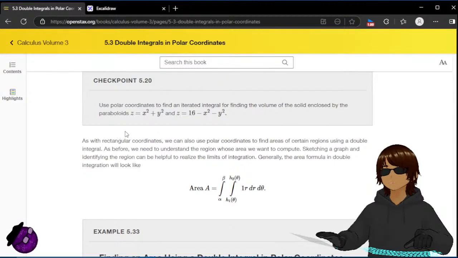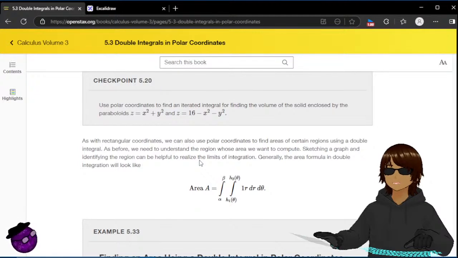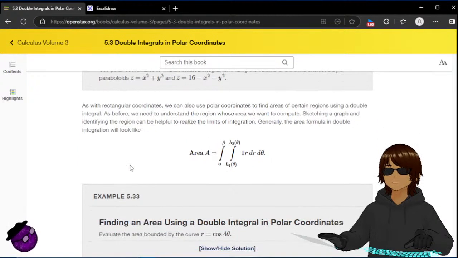As with rectangular coordinates, we can also use polar coordinates to find areas of certain regions using a double integral. As before, we need to understand the region whose area we want to compute. Sketching a graph and identifying the region can be helpful to realize the limits of integration. Generally, the area formula in double integration will look like this.